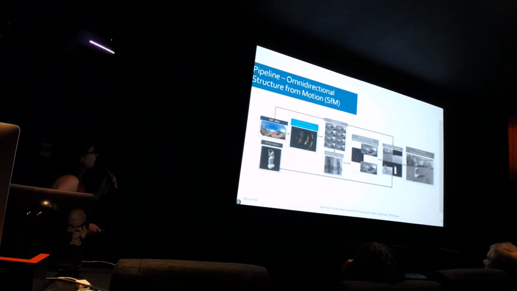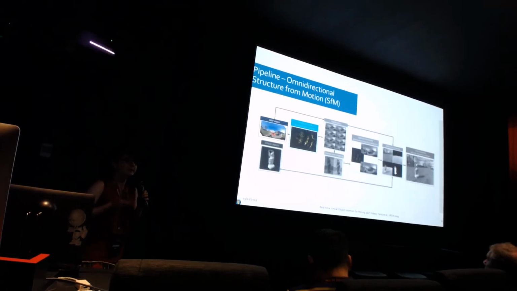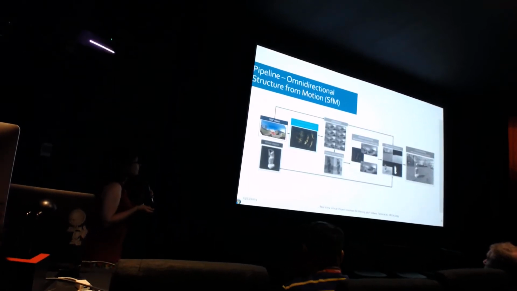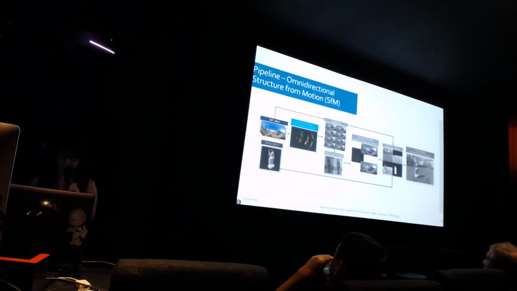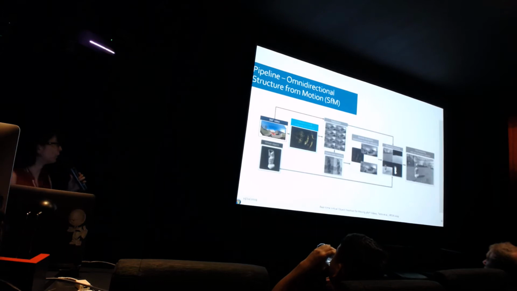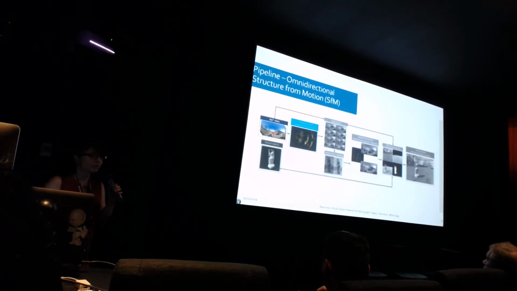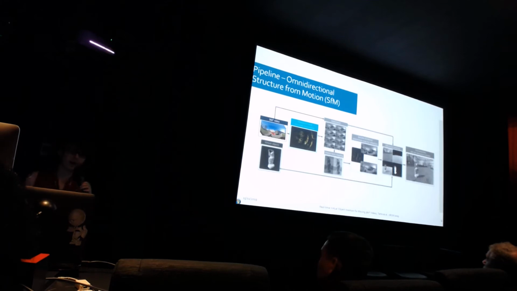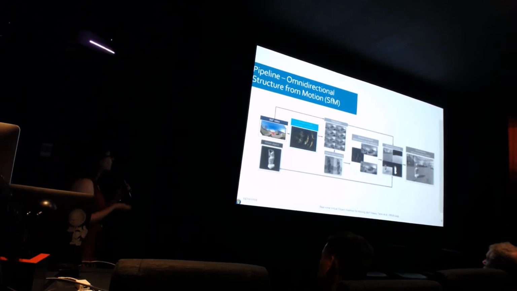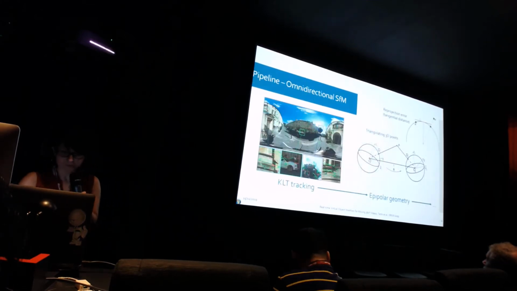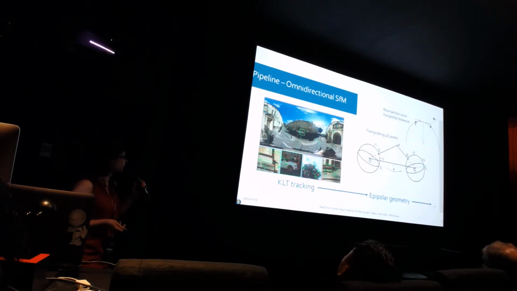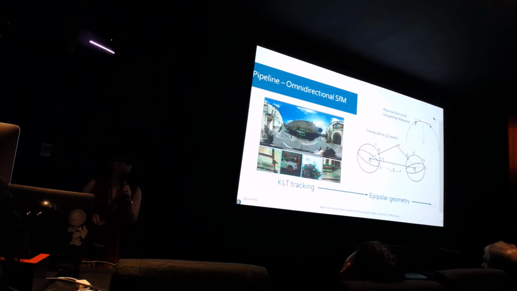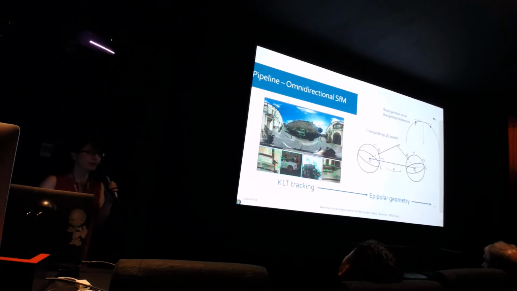So the first step of our pipeline is to estimate the camera movement, rotation and translation, and the scene reconstruction. And we did our own implementation of structure from motion for that, based on theoretical bits from various literature. So the first step is to track the features, and we use the KLT tracker for that, but we modified it to work on equirectangular images.